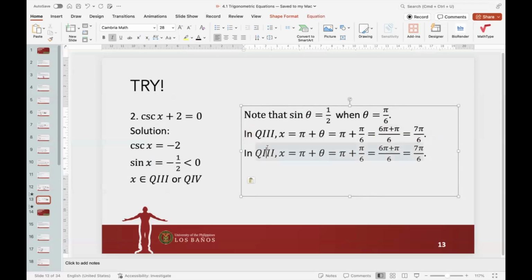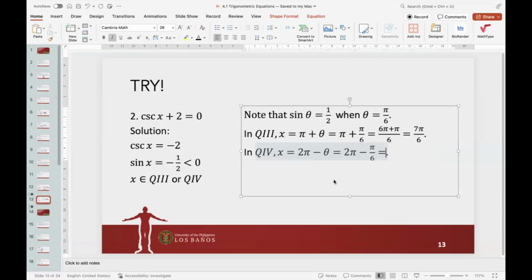However, in the fourth quadrant, what do you think would be the formula? The formula would be 2 pi minus the reference angle. Okay? So in the fourth quadrant, if we wish to get the value of x, that will just be 2 pi minus the reference angle. So in this case, we're going to have 2 pi minus our reference angle, which is pi over 6.